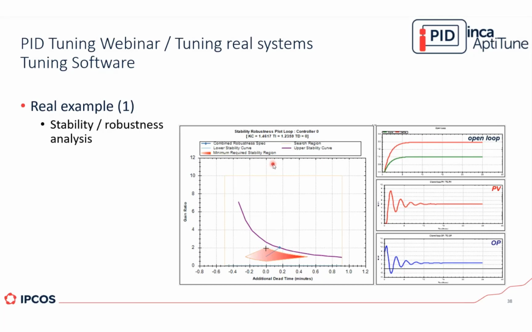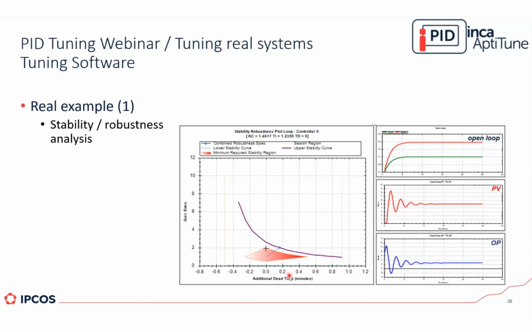There's one feature available in the tool where we can check the stability or the open loop and closed loop responses for different combinations of gain ratio and additional dead time, right?